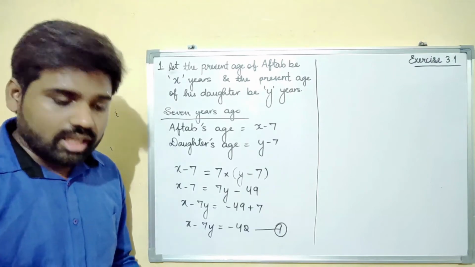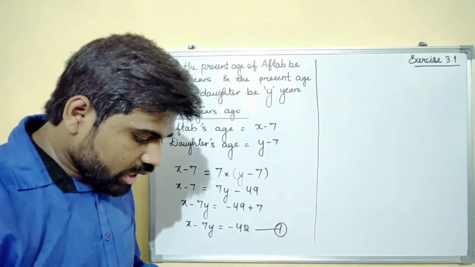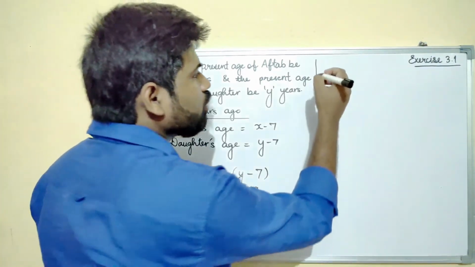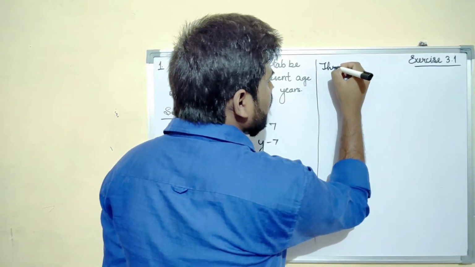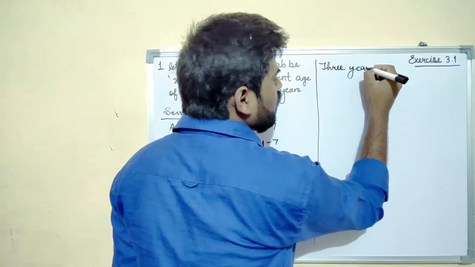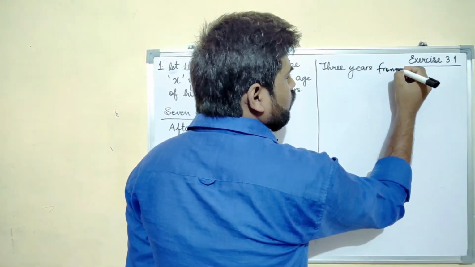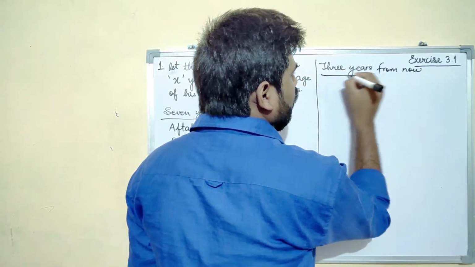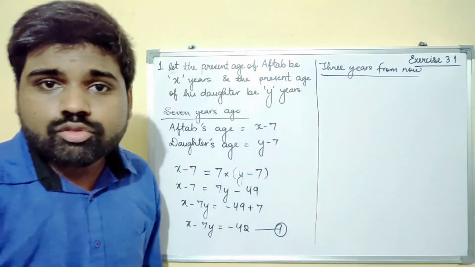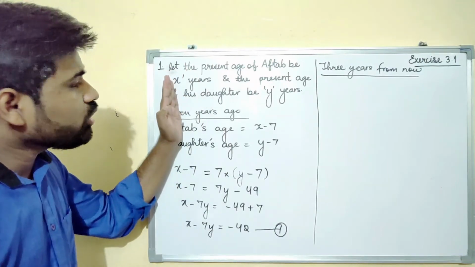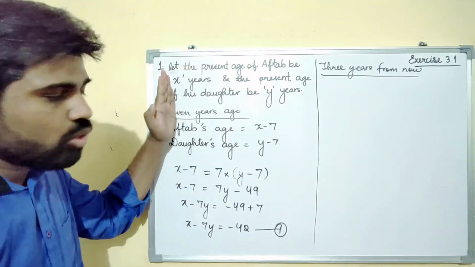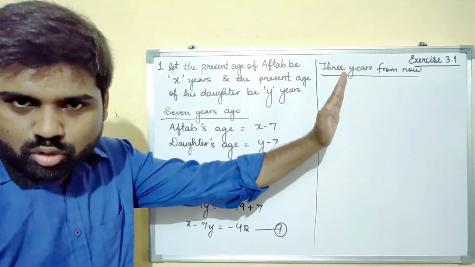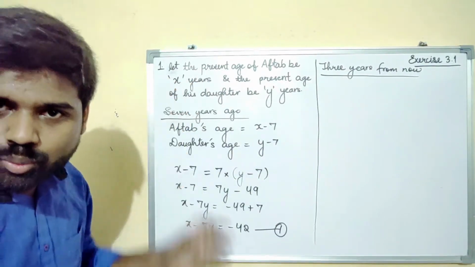Now in the question there is another phrase, 3 years from now. So this will be your heading now. 3 years from now means you have to go 3 years forward from the present age, right?